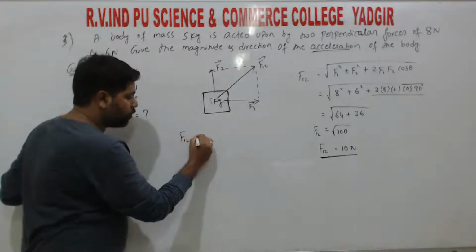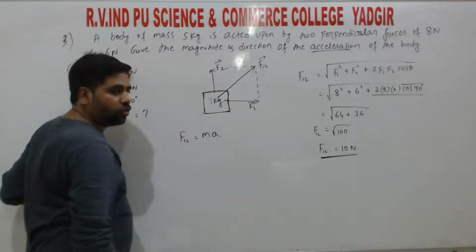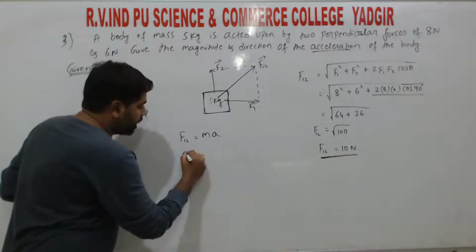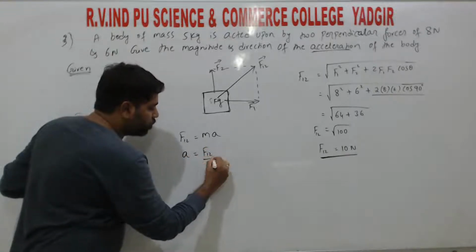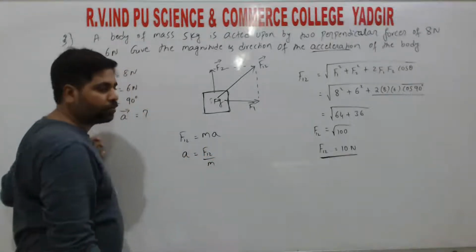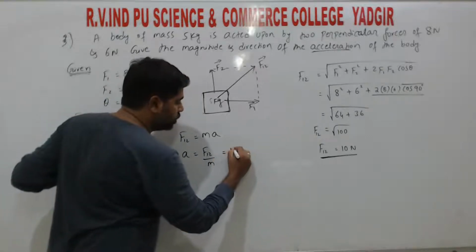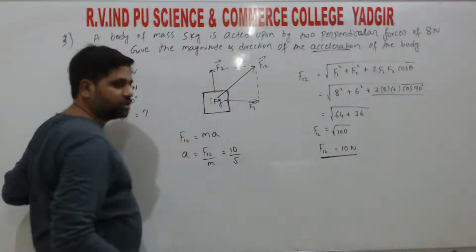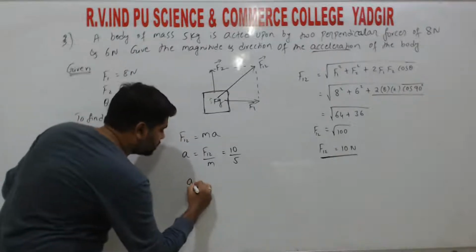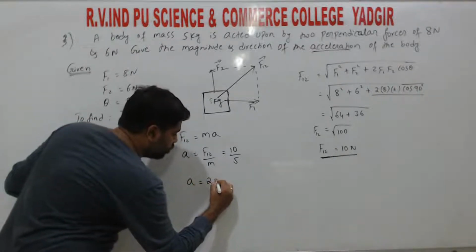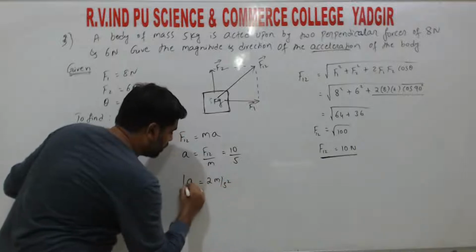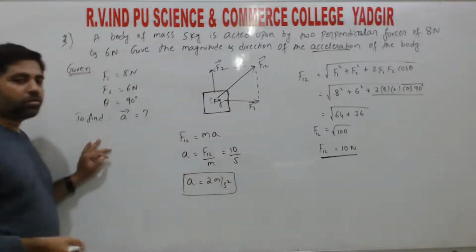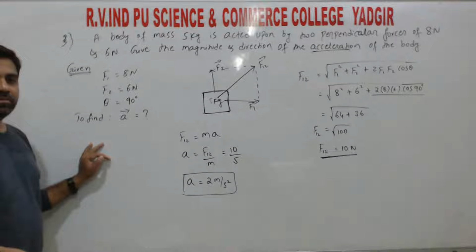From the formula F12 equals m into a, a equals F12 divided by m. We know the force is 10, divided by the mass of the object, 5 kg. So acceleration a equals 2 meter per second square. This gives the magnitude of the acceleration.